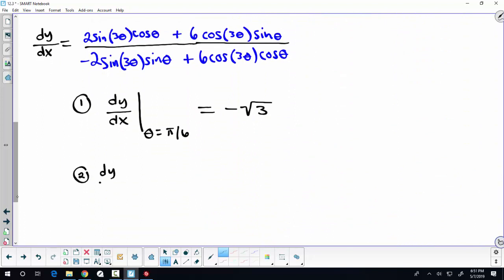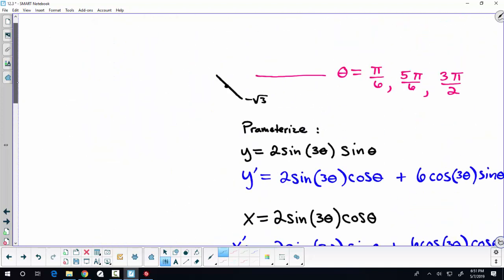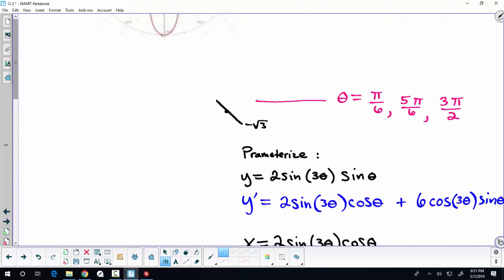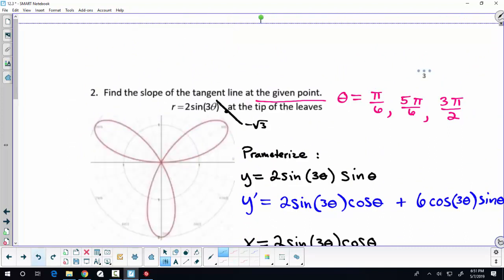So at this point it's not difficult, it's just kind of tedious because the derivative is always pretty complex. What's the next one? 5 pi over 6. Positive square root of 3. On that one we can use symmetry: this appears to be symmetrical.